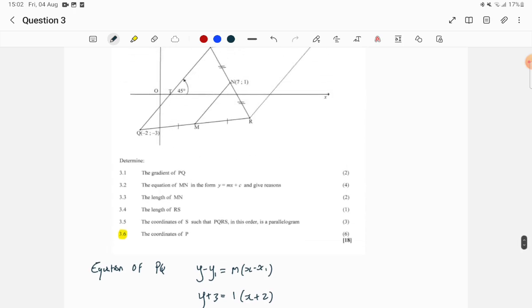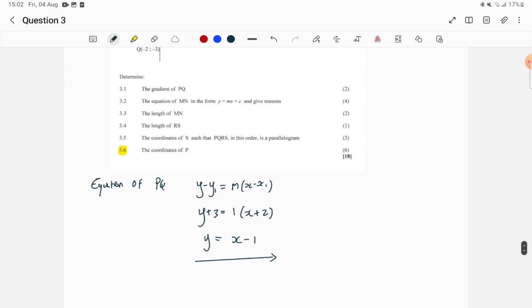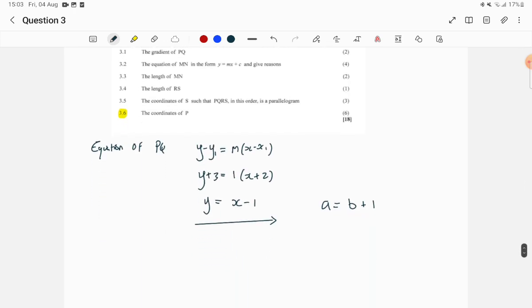So if we use the coordinates of P, which is a and b, we can automatically say that a is equal to b plus 1, because if you subtract 1 from x to get the y value, we just need to add 1 to the y to get the x. We can call this equation 1. We may use this down the line, because remember this is a 6-mark question, so there are possibly going to be some simultaneous equations here. This is the first step. This brings us a bit closer.